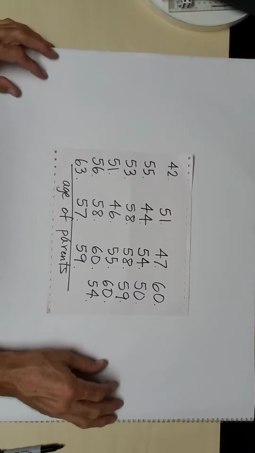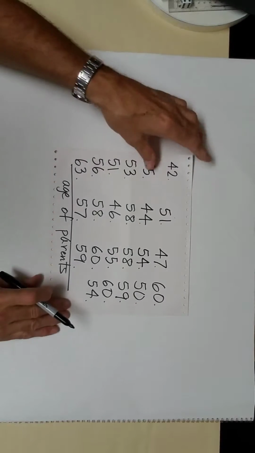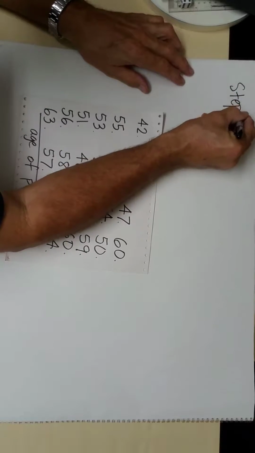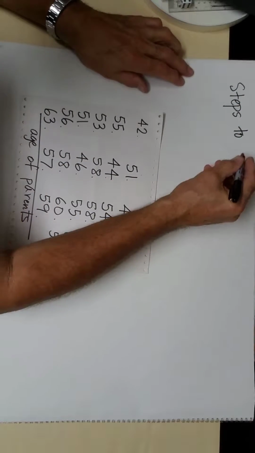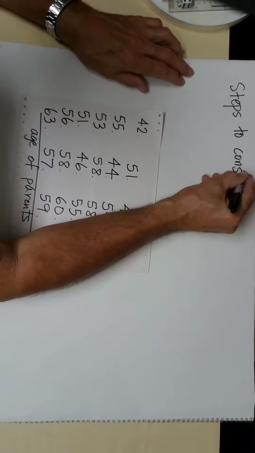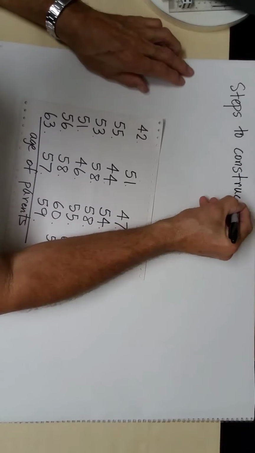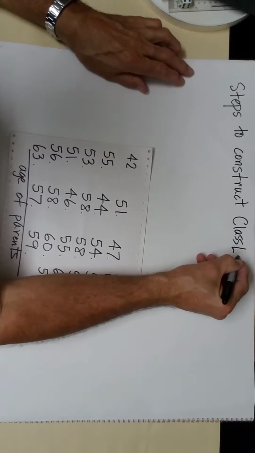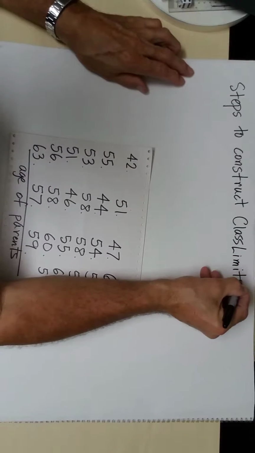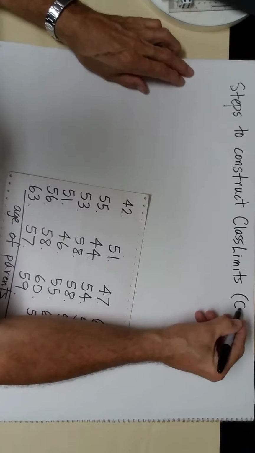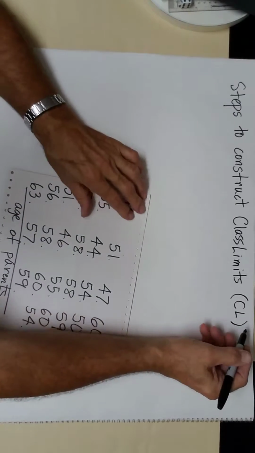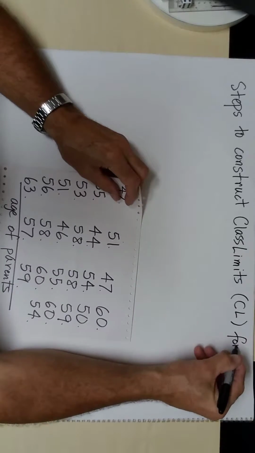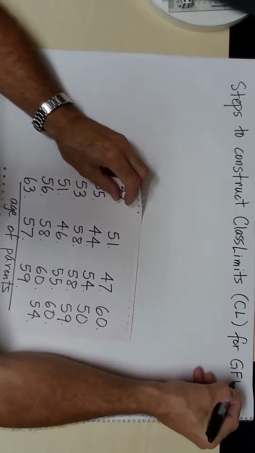These are the steps to construct the class limits, which we call CL, for your grouped frequency distribution.